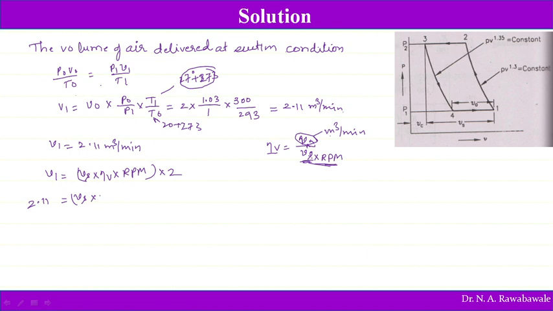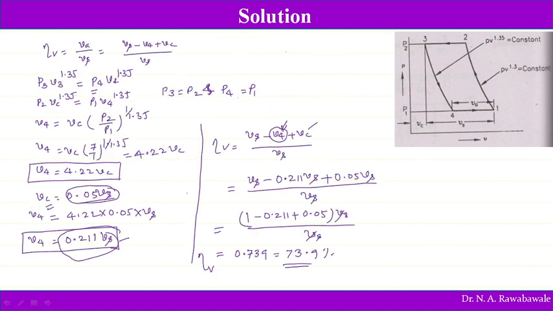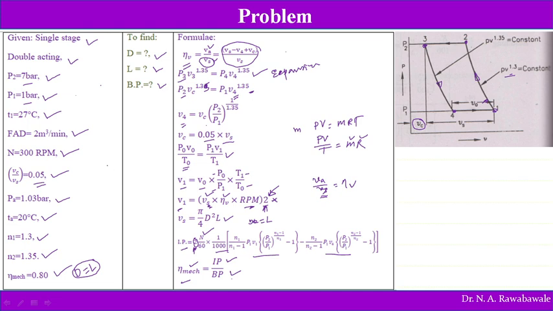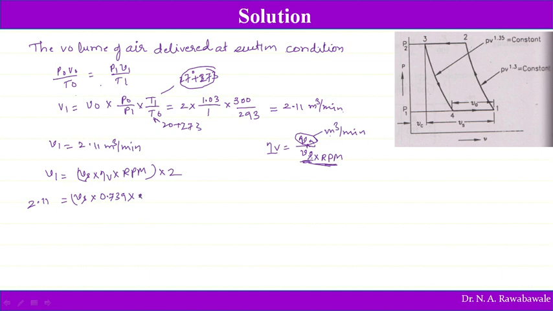Volumetric efficiency here is 0.79, and the RPM is given in the problem. Here the volume is per cycle, and this volume is known.